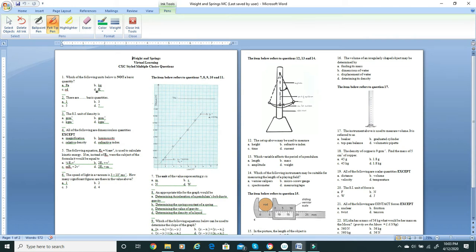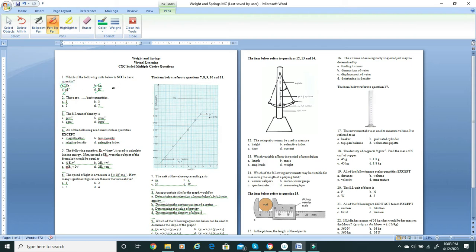Oh, sorry, D is actually Kelvin. Alright, so B is a basic quantity, sorry. This one represents temperature, which is a basic quantity. Candela is also a basic quantity, so we'll say Pascal. So guess what?